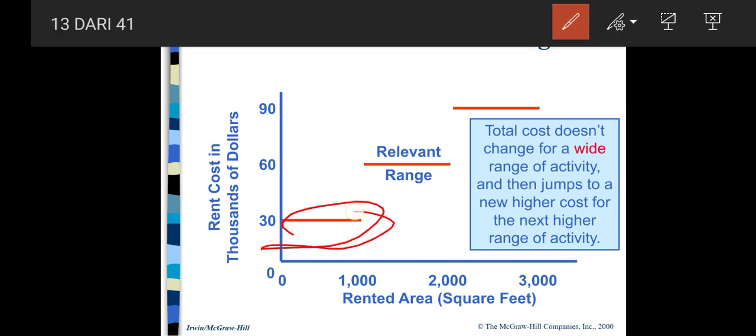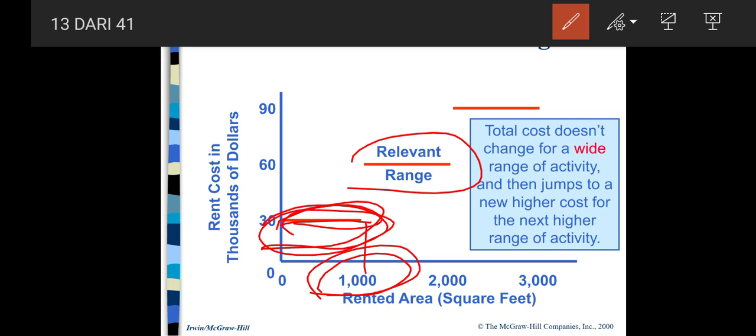Jadi range-nya itu sangat sangat lebar di sini. Makanya fixed cost itu berbeda dengan relevant range variable cost. Di sini relevansinya lebih tinggi, lebih lebar. Namun saat dia melewati relevant range ini, melewati aktivitas tertentu, maka dia akan berubahnya tinggi, misalnya tinggi, dan itu konstan.